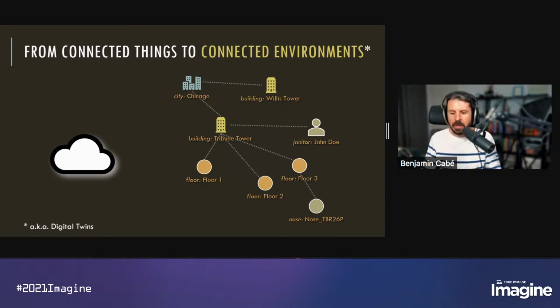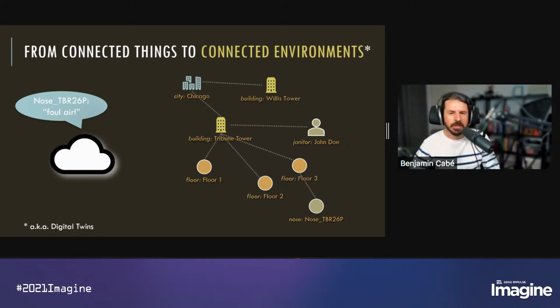in the system, so that whenever, again, what I referred to as a signal, whenever this particular device, this particular entity is sending a signal that says foul air, it's not just a signal that is very device-centric and that might be difficult to put in context. No, the context might be there.